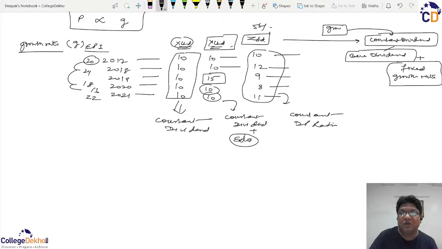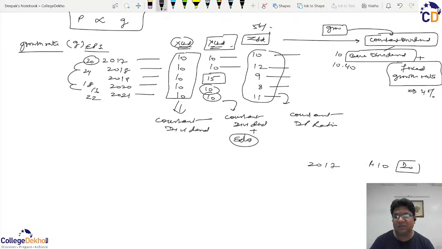For example, if the growth rate of the company is say 4%, then if in the first year they're starting with 10, in the next year it will be 10.4. It means if we take the 2017 dividend of rupees 10 as the base year, that is, the current dividend, then D1 of 2018 will be equal to D0 plus G, and that comes out to be 10.40.